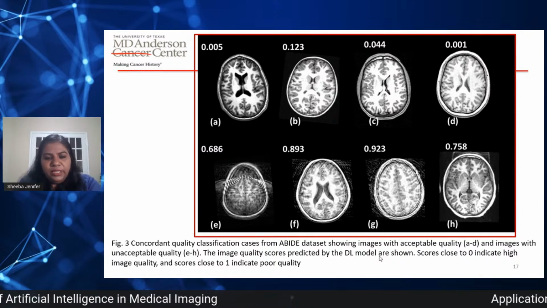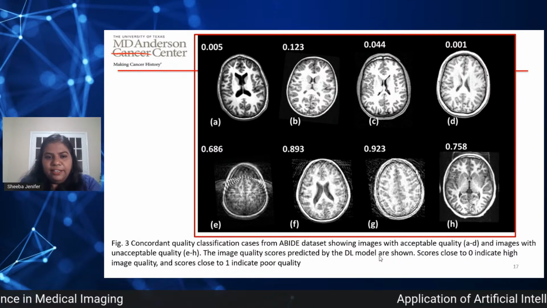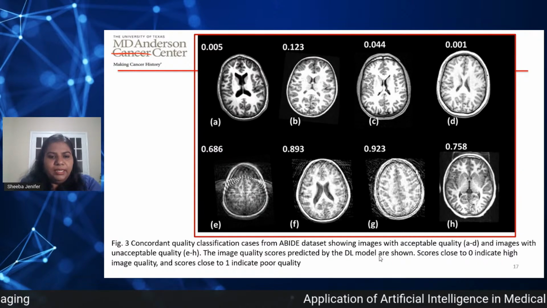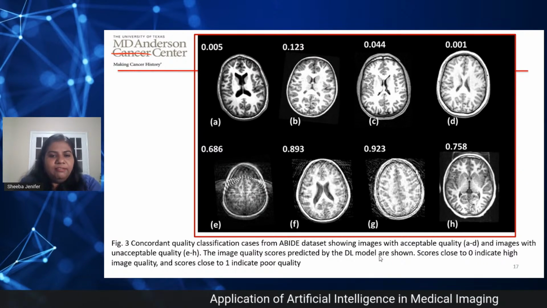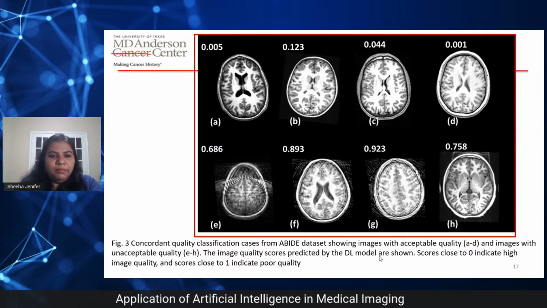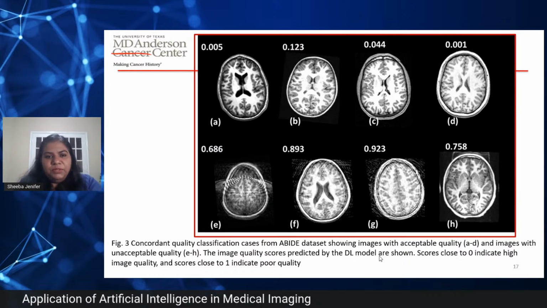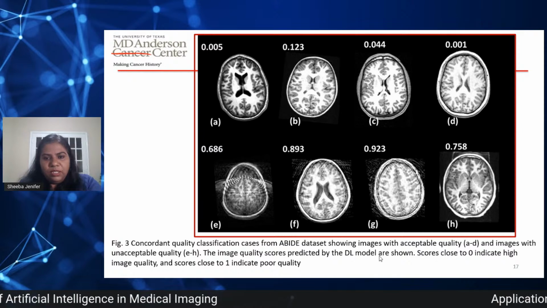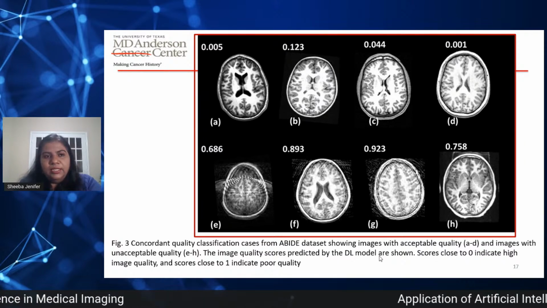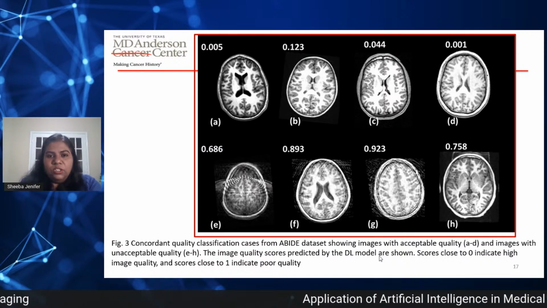Even visually, you can check that the second row of images is very bad, with different types of noise. I'm showing this picture to show how good the model is at predicting whether an image is good or bad.